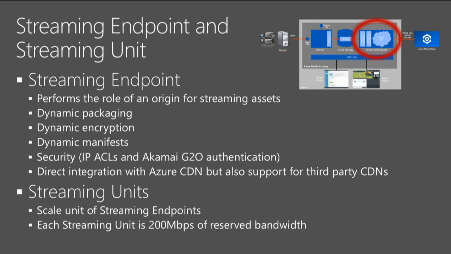So rather than having to create a separate workflow for HLS and a separate workflow for smooth and a separate workflow for HDS, etc., you only have one workflow. And then on our origin, you can request that asset in any number of those protocols, and we will dynamically do that at request time.